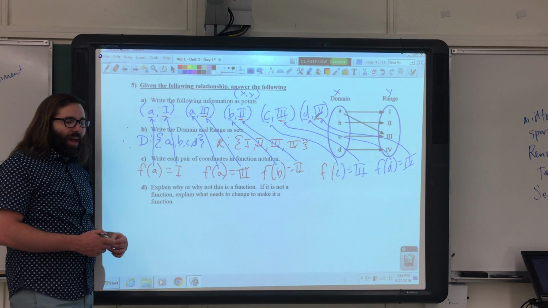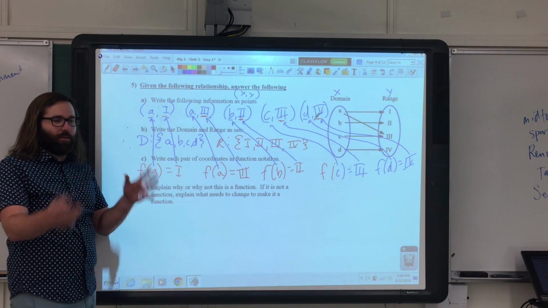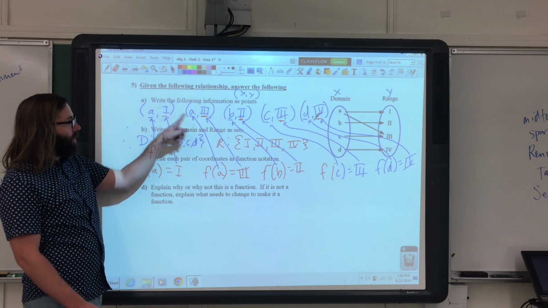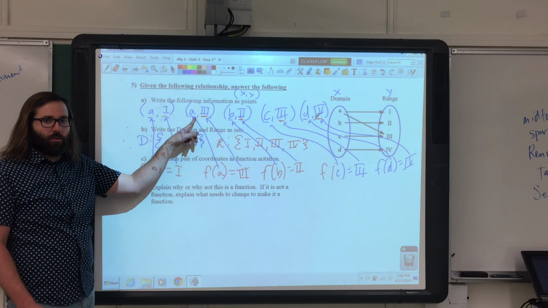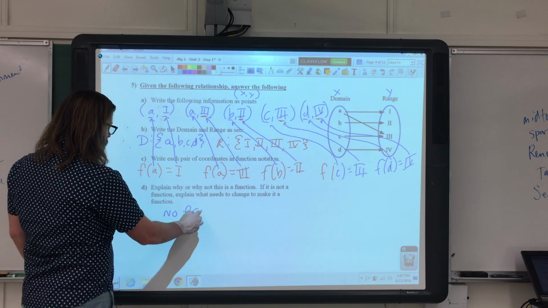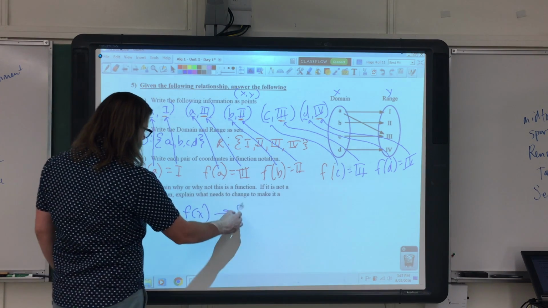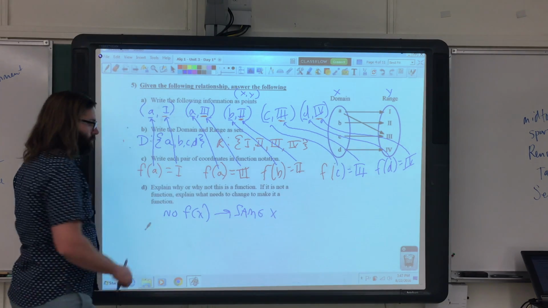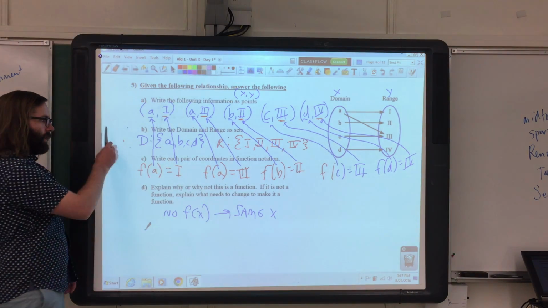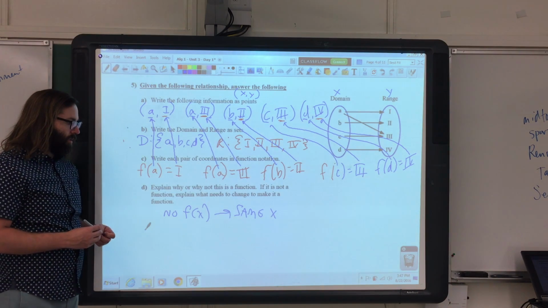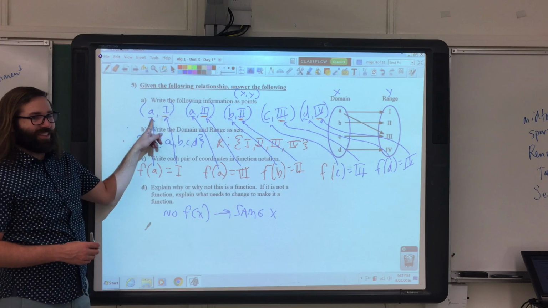We know that functions have to have different x's. This one has two of the same x. So it's not a function. Same x's. Okay, vertical line test. If these were points, you could plot them and do the vertical line test. But you know, if there's the same x's, it's not a function.